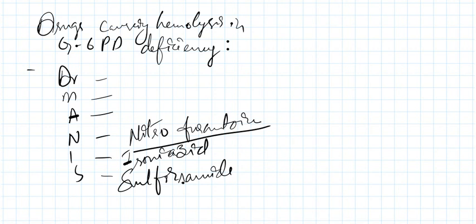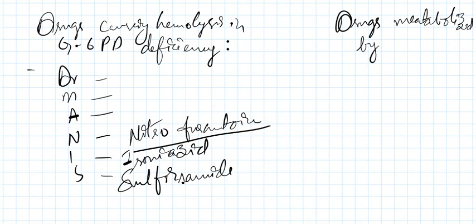Now, drugs which are metabolized by acetylation. You may ask me, sir, why is this needed? But this is very much needed. Drugs which are metabolized by acetylation, just simply remember the mnemonic: HIPS DANCE.